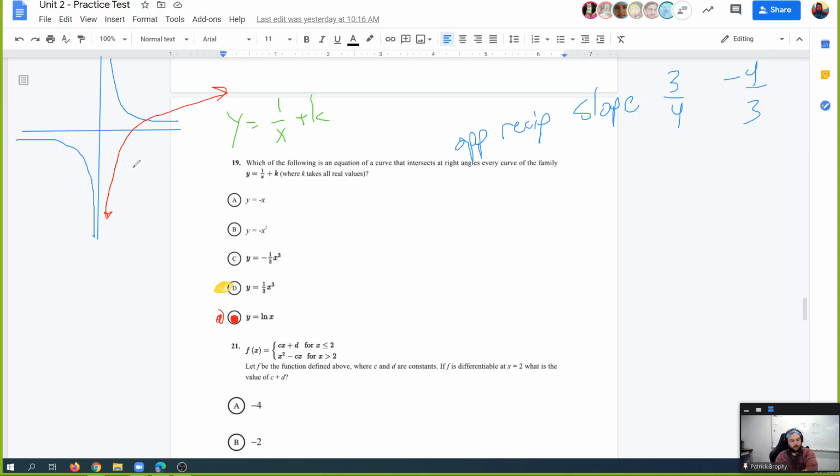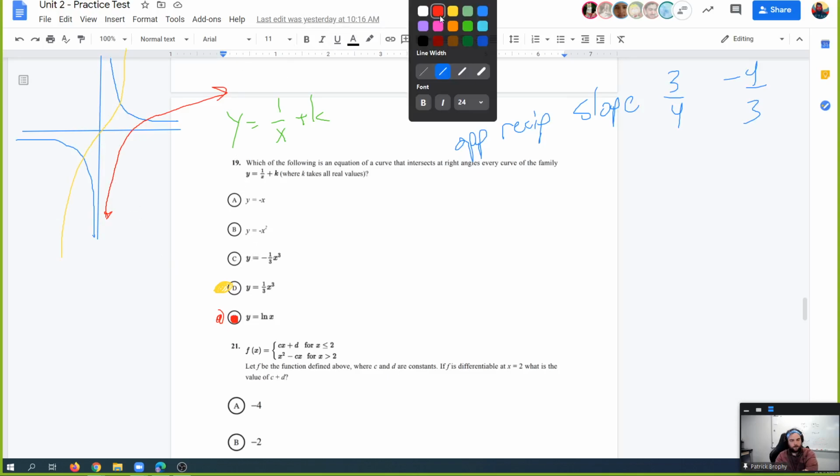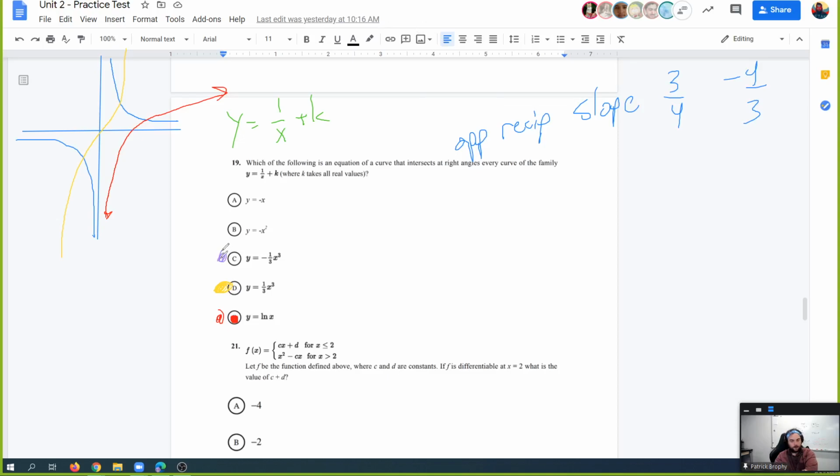I'll do this one in yellow. 1/3 x cubed looks like a cubic, something like this. The 1/3 might make it wider, and I don't know where it actually intersects on these. If you want -1/3 x cubed, we just do the opposite. We're still crossing here.